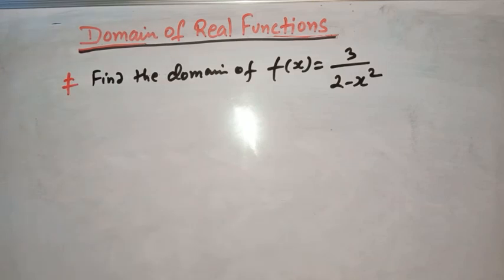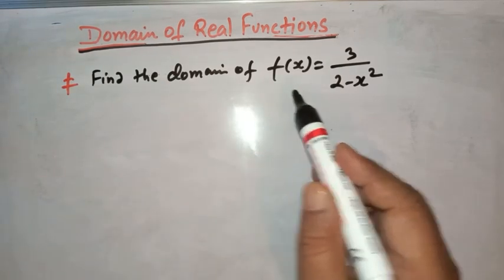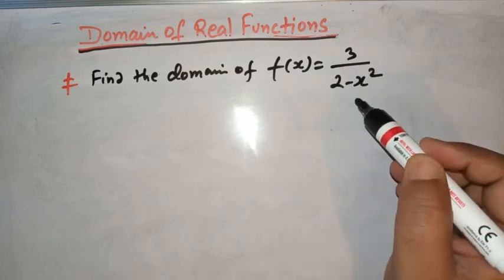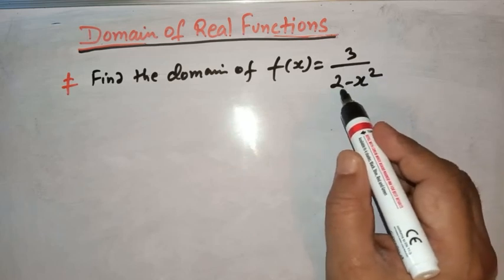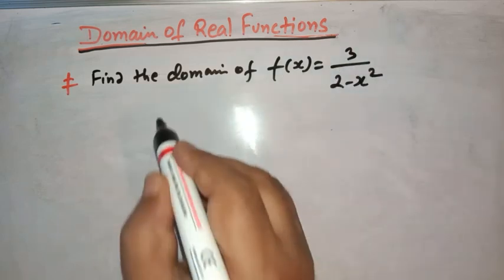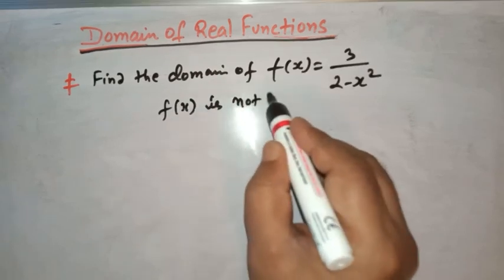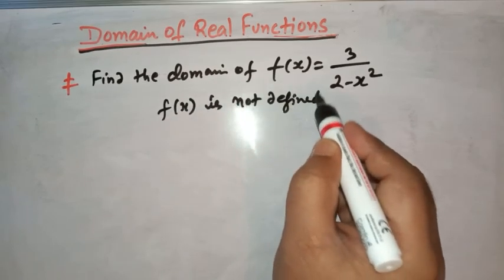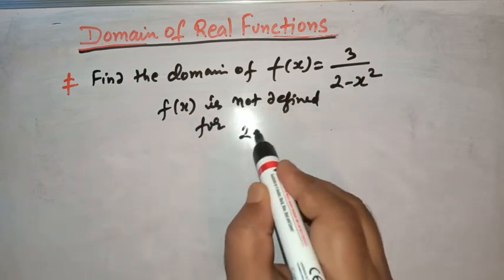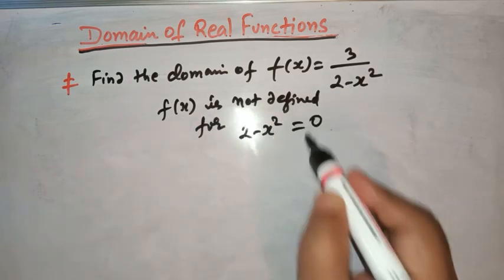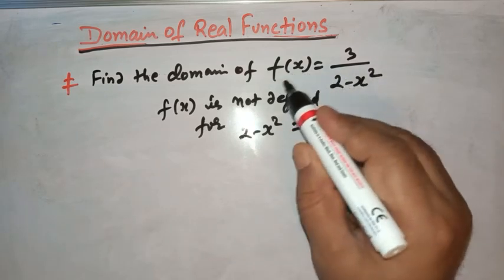Let us take this problem, that is, find the domain of f(x) = 3/(2 − x²). Here we see that this function f(x) is not defined for 2 − x² equal to 0. It means if the denominator becomes 0, this function f is not defined.